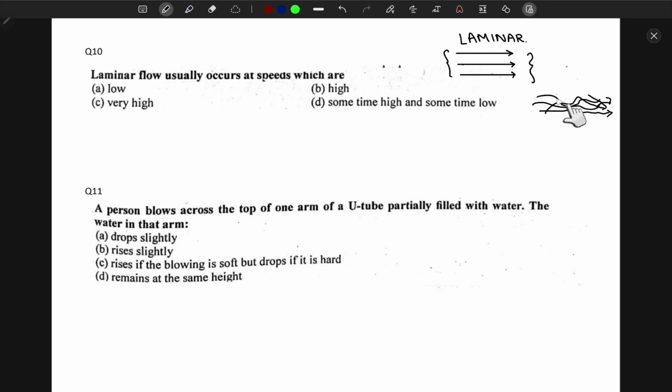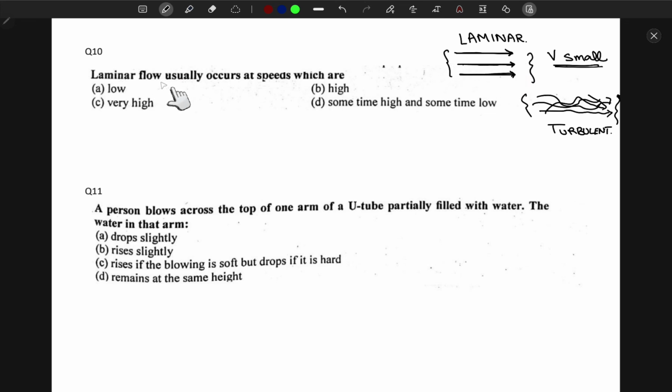So that's turbulent. Now, if you want your flow to be as smooth as possible, you have to make sure that the speed at which the fluid is flowing is small. Then only you can make sure that the layers move in a smooth way on top of each other, right? So the layers are separated like this and they're moving smoothly on top of each other.